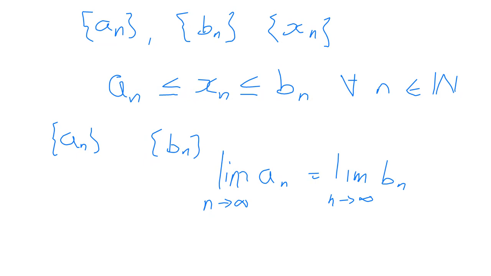So suppose A n and B n converge, and the limit of A n as n tends to infinity is equal to the limit of B n as n tends to infinity.